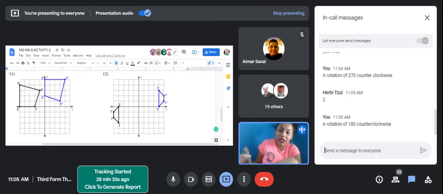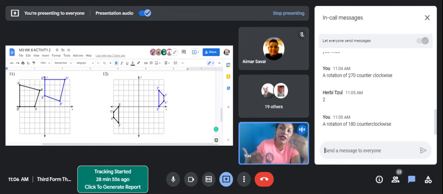So if we take a look at number 11, a rotation of 270 degrees happened because there was a rotation of 90 degrees 3 times. If we take a look at number 12, there is a rotation of 90 degrees 2 times. It jumped 2 times. That's why it went from the black to where it is in blue. So that's why it's a rotation of 180.